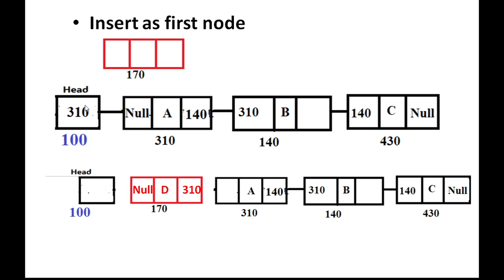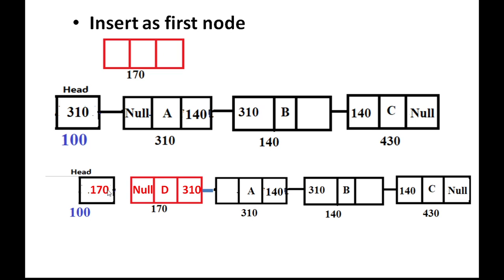So we actually collect the address of the first node from the head and put it into the forward pointer of the new node, and after that we have to write the address of the new node into the head pointer. So now that we have connected the previous first node with the new node, we can safely override the head pointer for writing the address of the new node.